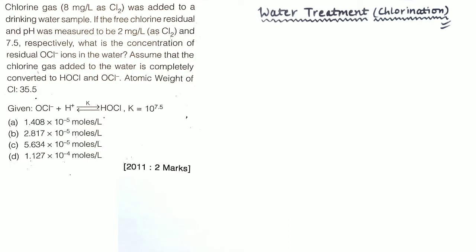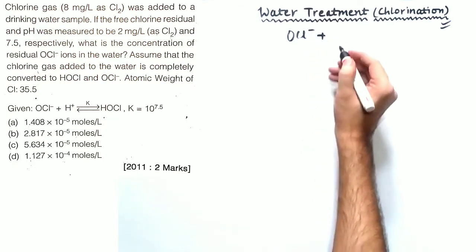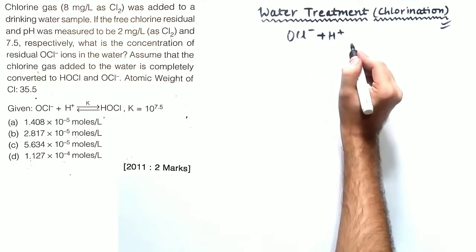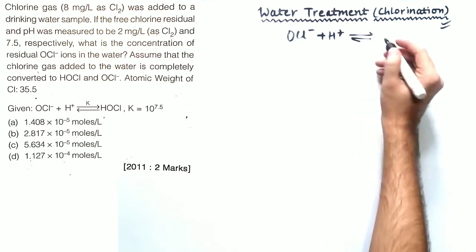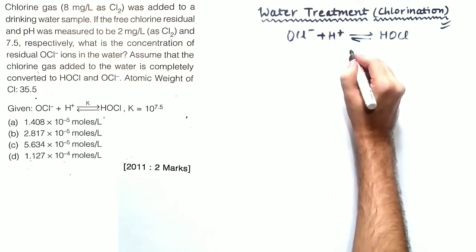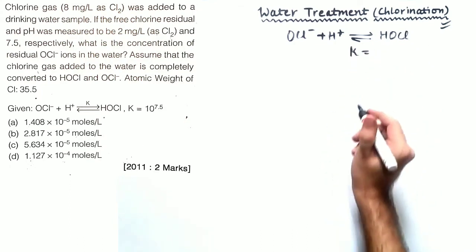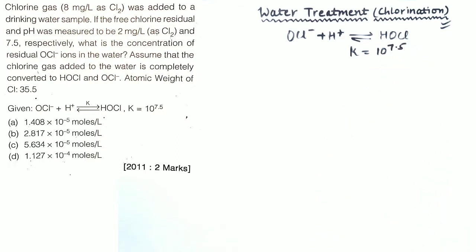The atomic weight of chlorine is given, and the reaction is given as OCl negative plus H positive giving HOCl, and the K for the reaction is given as 10 to the power 7.5.